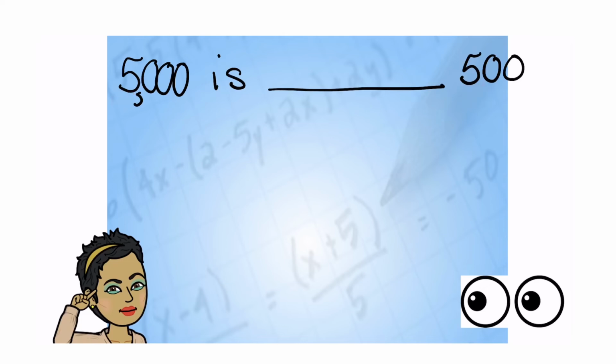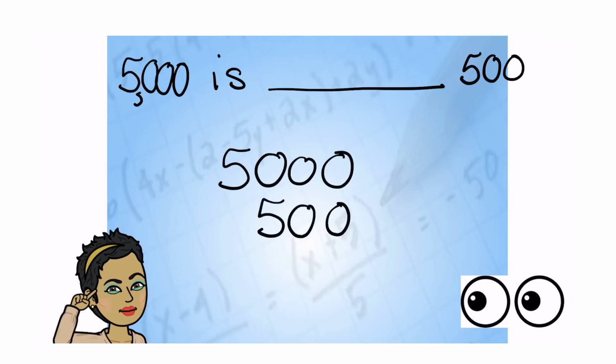So again, just imagine if I just had 5,000 and I looked at 500, I know that all I would have to do is move this just one place over. If I just moved it one place over, they would be even. So in order to do that, I'm just going to show it to you right underneath it. So here's 500. If I put them right next to each other, you can really see if only this had another 0, they would be the same.